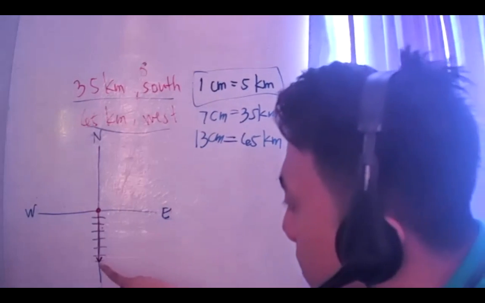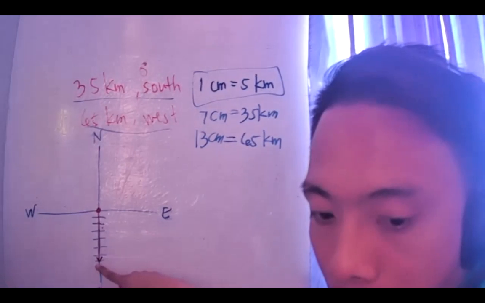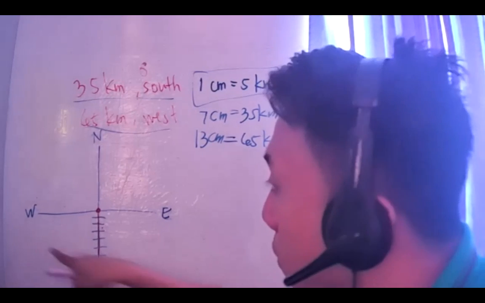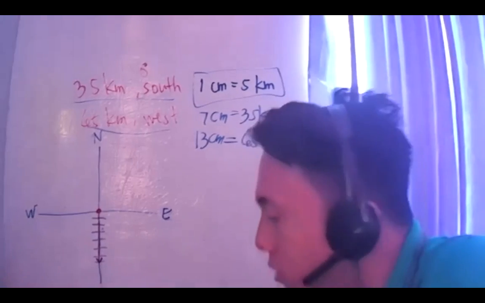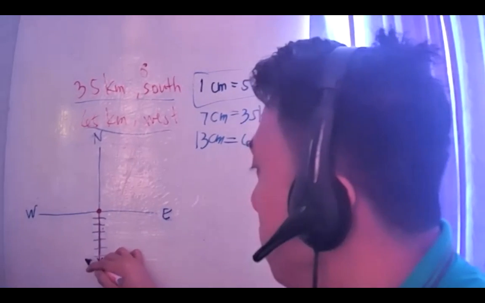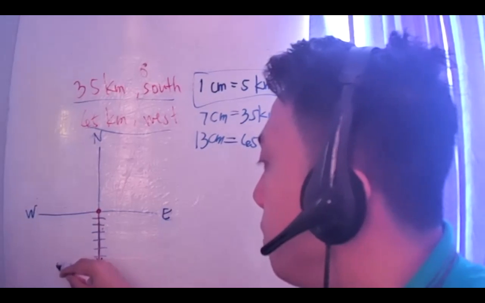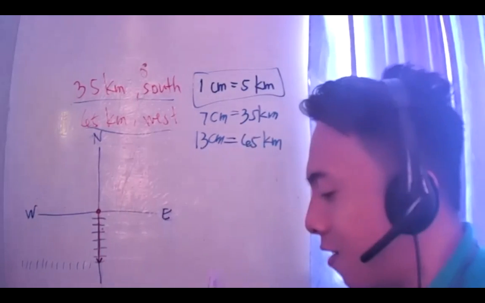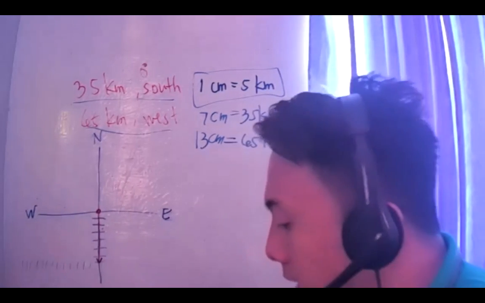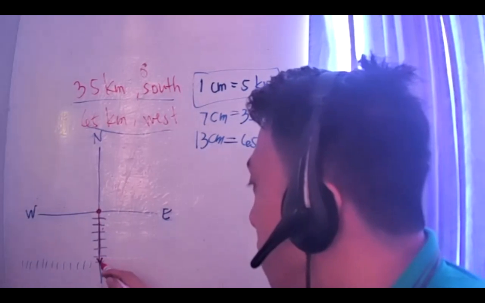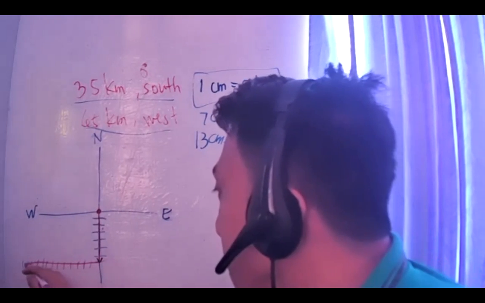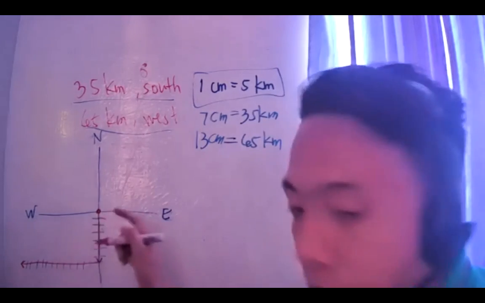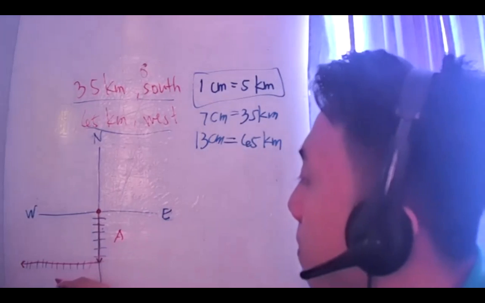We will start here sa tip ng ating first vector and we will move 13 to the west. So 1, 2, 3, 4, 5, 6, 7, 8, 9, 10, 11, 12, 13 lang pala, hindi 15. Sorry. So this is our 13th line. So I will now draw this. Second vector, we have the A and the B.